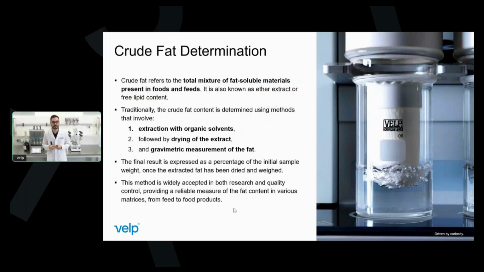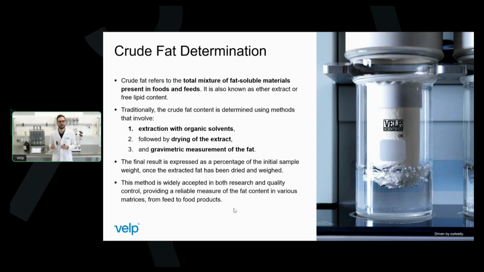Now we can see some result applied in the animal feed sector, and this crude fat determination refers to a total mixture of fat soluble material that is contained inside of the food and feed matrix.